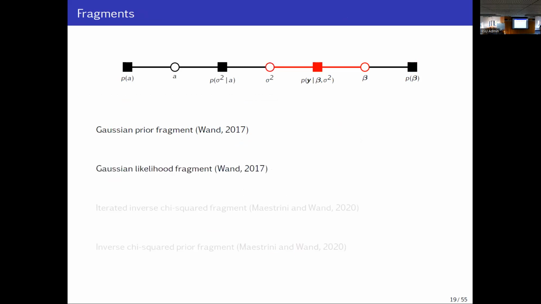The Gaussian likelihood specification was developed in that same publication. The iterated inverse chi-squared fragment was developed by Maestrini and Wand a couple of years ago, and likewise with the inverse chi-squared prior specification. So the code that was developed in those models, I've used directly in this linear regression model. I actually haven't done any work here. I just used the code that they had and built up my program around the coding that they implemented.